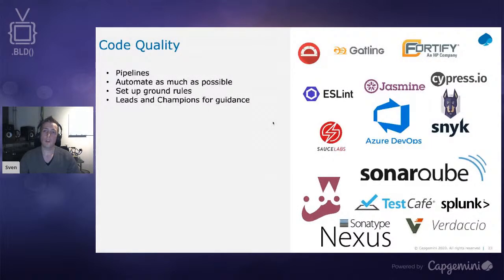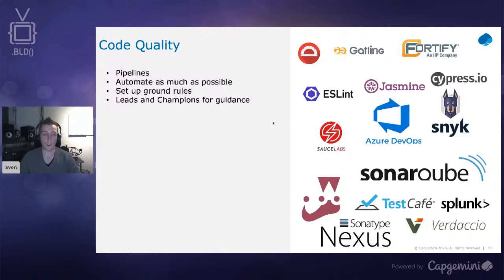To maintain code quality, we automate as much as possible. We do this with pipelines, of course, and use Azure DevOps, which I'm going to show as well. One of the most important things here is you have to set up those ground rules, and you have to make them in a way that ESLint and SonarQube are able to see those ground rules, so that whenever developers start developing, it's automatically being verified against those rules.